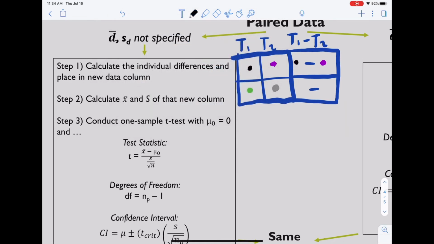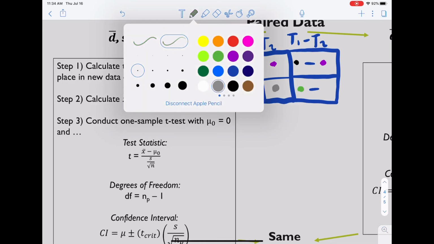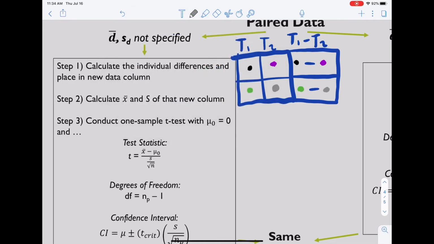Color coding here, this is not statistics, but we see what's going on, right? We're taking the difference between this cell and this cell, putting it into a new cell, and then we have a whole new column here. Okay, what do I do with that then?